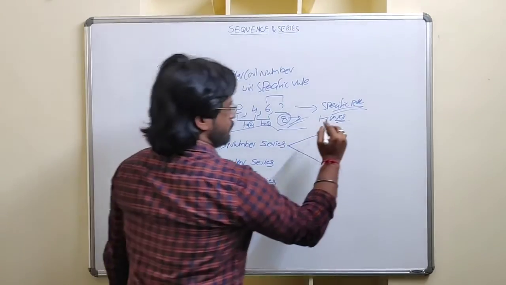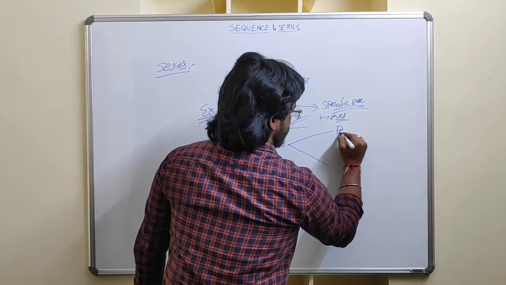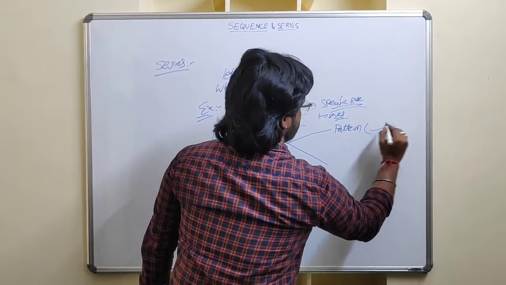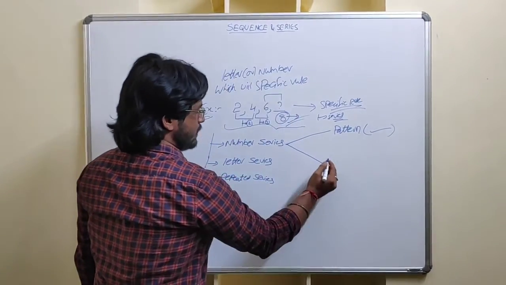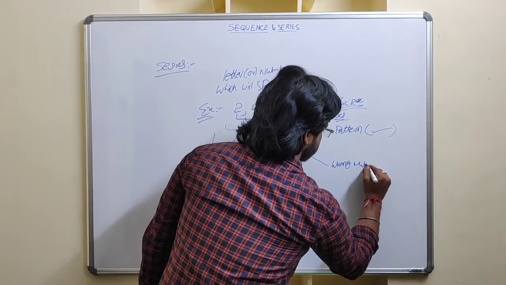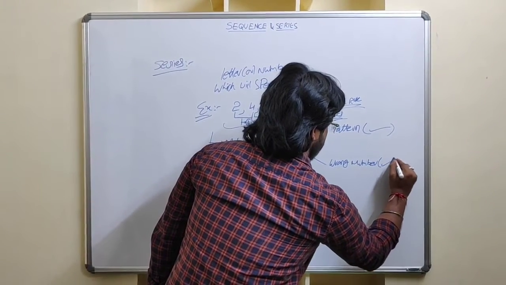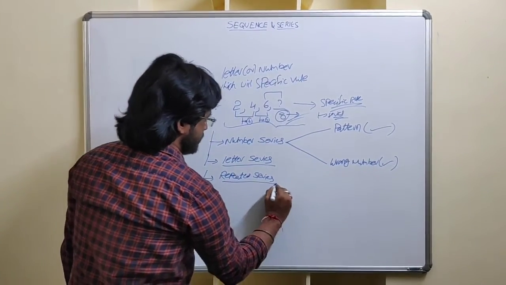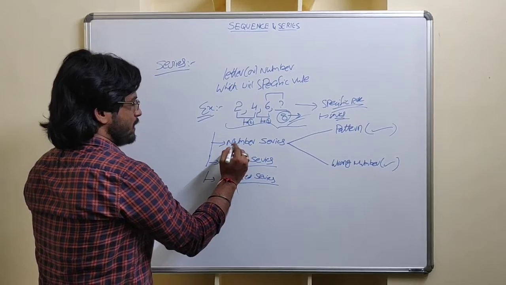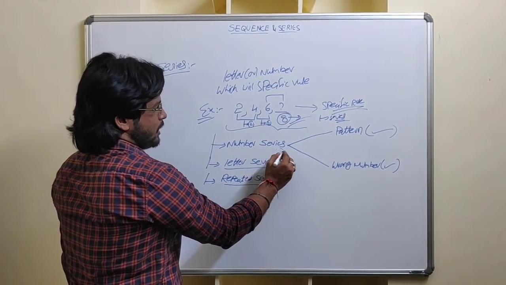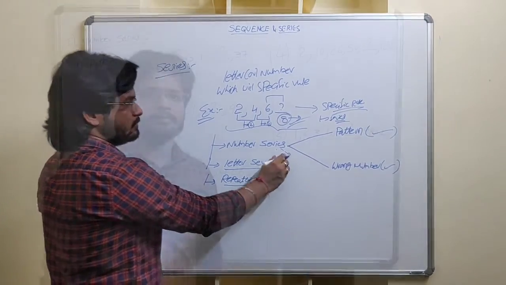The first one is when the question is given, you need to identify the pattern. This is one type of question. The second one is you need to identify the wrong number. This is another type. And the next one is letter series, and the next one is repeated series. I will go through each and every topic with some examples, so you will understand the topic easily.